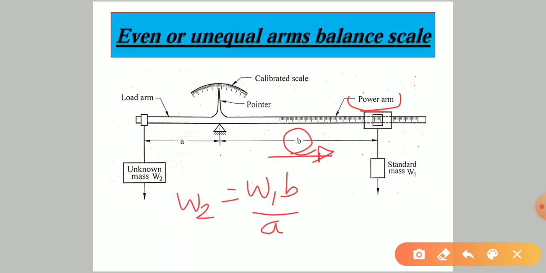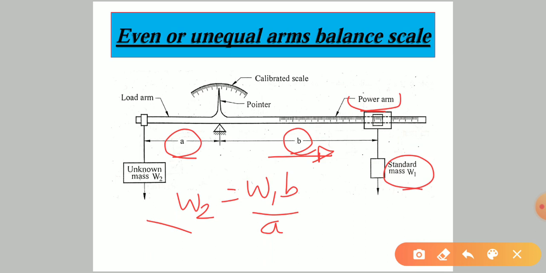Further, the power arm B may be calibrated to read the unknown weight W2 directly if W1 and A are fixed. If we fix W1 and A, we can directly read the unknown weight W2. So this is the uneven or unequal arm balance scale.